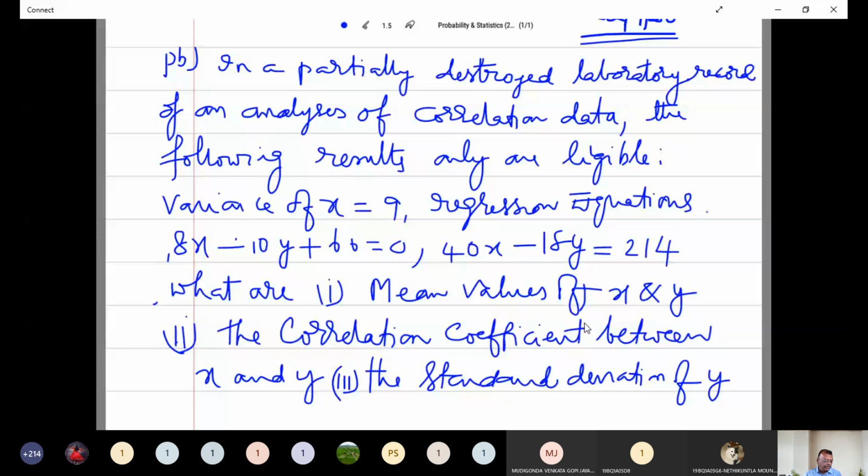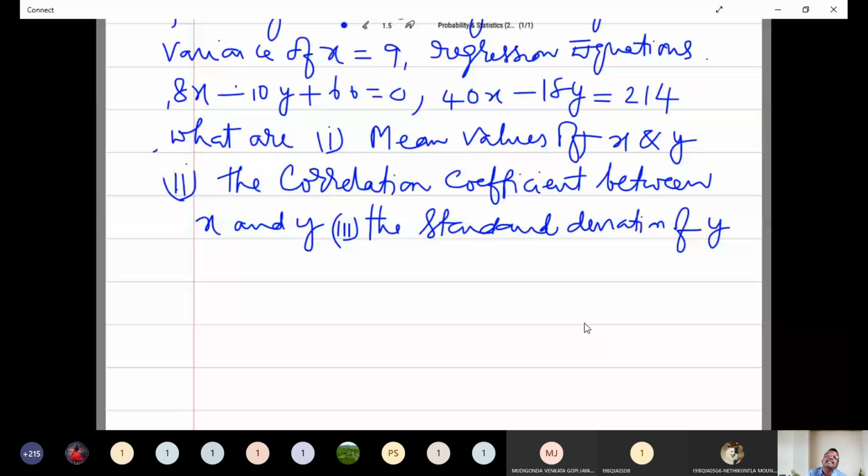Now, both regression equations pass through their corresponding points, that is very important, because we have to observe the regression equations y on x and x on y. What are the regression equations? Naturally, y minus y bar is equal to r into sigma y by sigma x into x minus x bar.